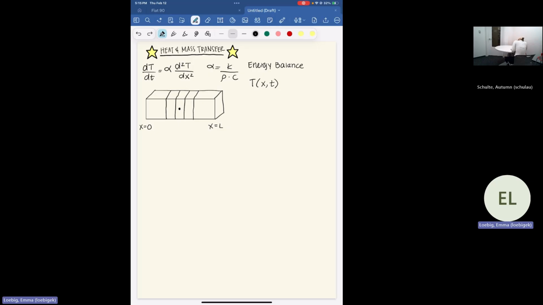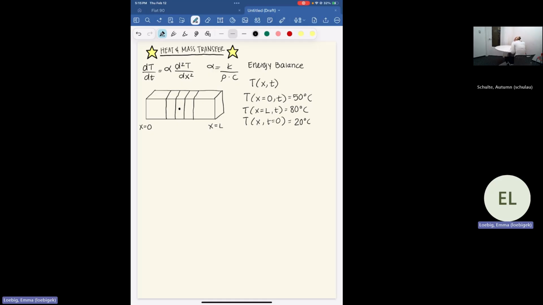So for this example, we are going to say that the temperature at position x is equal to 0 at any time t is equal to 50 degrees Celsius, while the temperature at position x is equal to L at any time t is equal to 80 degrees Celsius. And for our initial condition, we are going to say that the temperature at any position x at time t equal to 0 is 20 degrees Celsius.